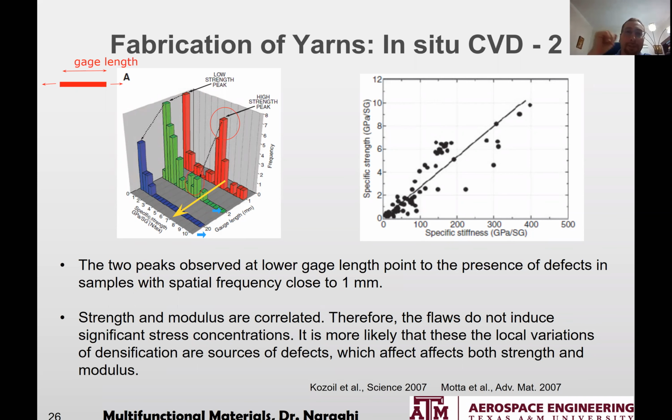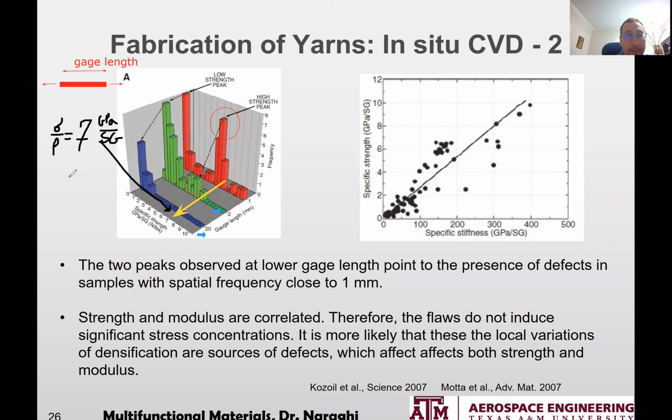Since the specific gravity of carbon nanotubes is about 2 gram per cubic centimeter, it means at 1 millimeter gauge length, they could measure a strength of 7 times 2. So let me write it here: sigma over rho was about 7 for this peak, in GPa per SG.